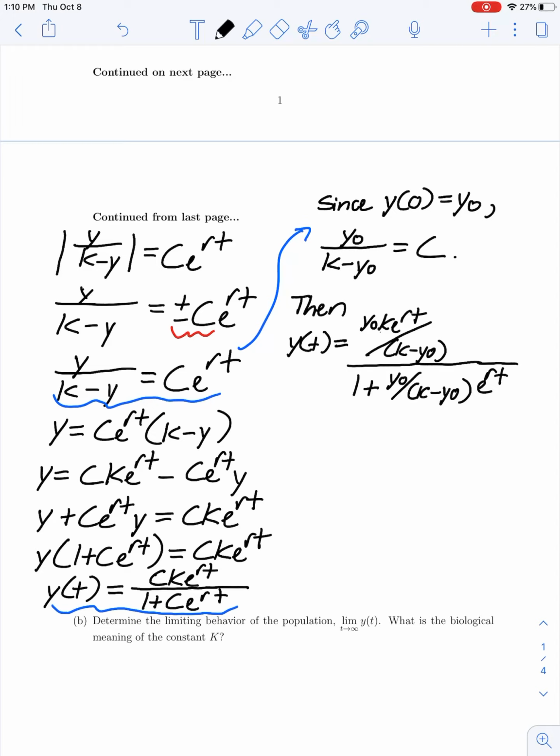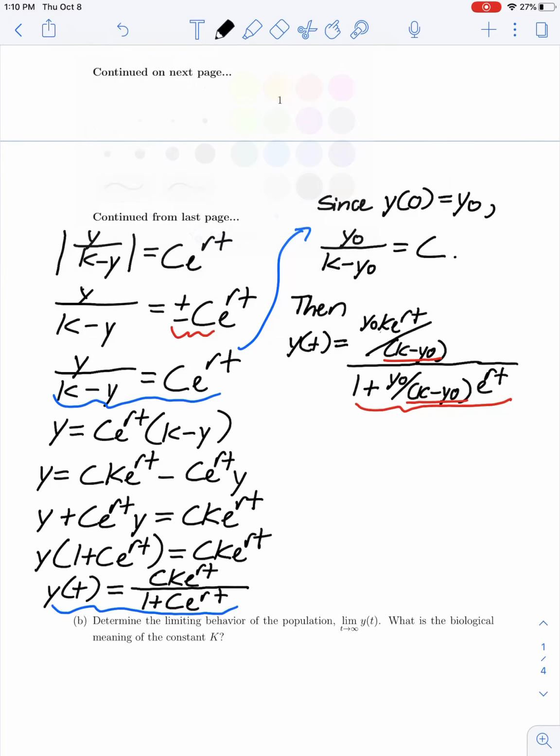However, we can see that this solution is a little bit messy. In particular, it involves compound fractions again, fractions within fractions. And notice that in the numerator and denominator, these fractions have the same denominator, k minus y naught.